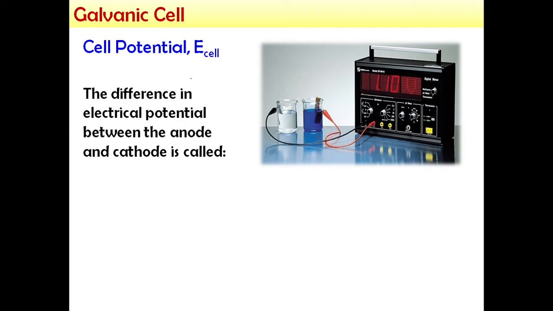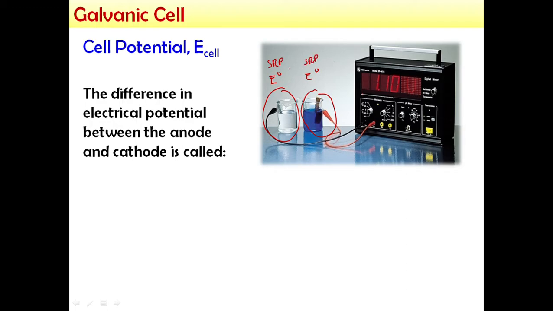So, cell potential, the difference in electrical potential between anode and cathode. So, kita ada half cell. This is another half cell. Okay, this is salt bridge. Kalau boleh nampak dekat sini. Okay, macam yang saya mention tadi, setiap electrode mempunyai potential dia yang tersendiri, iaitu E0 value ataupun SRP value.